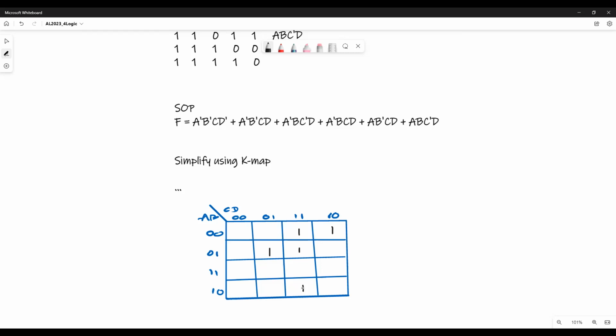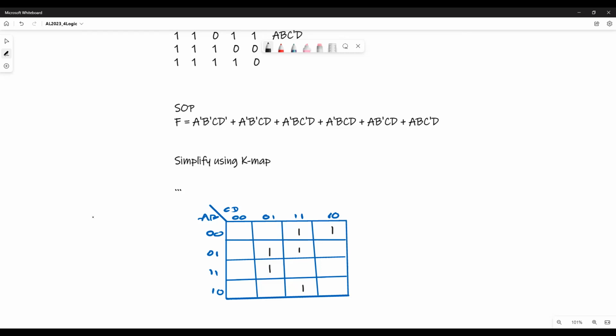The final one, A B C dash D. Okay. So here are the ones.